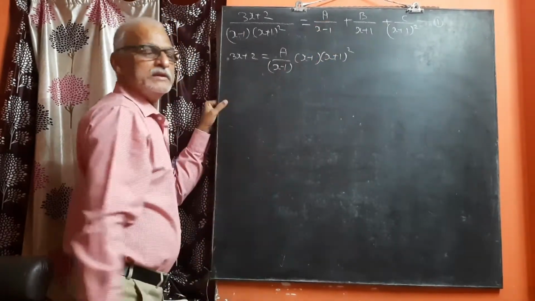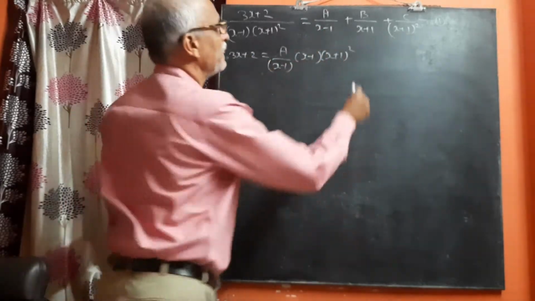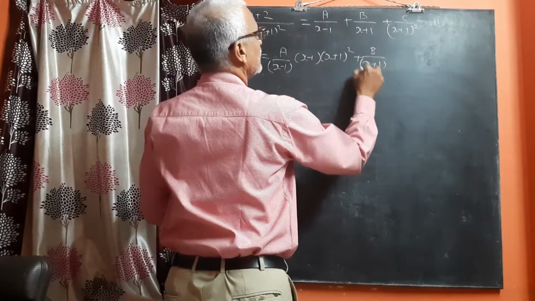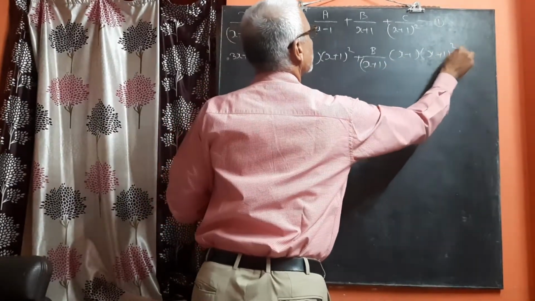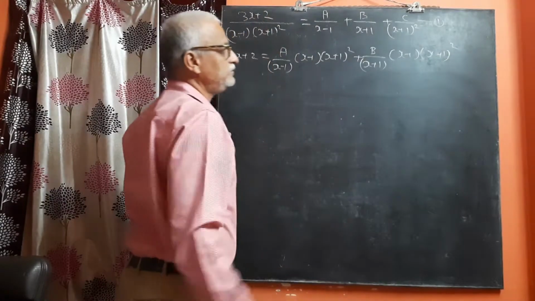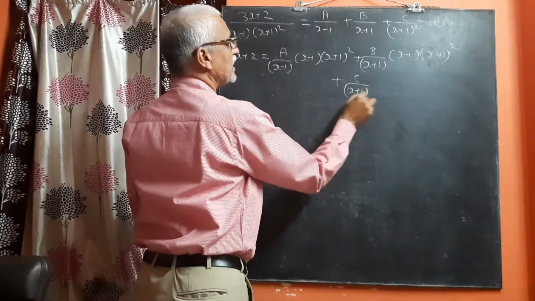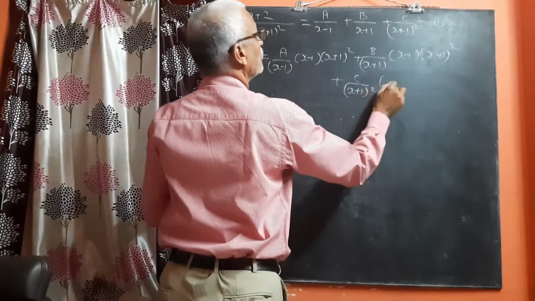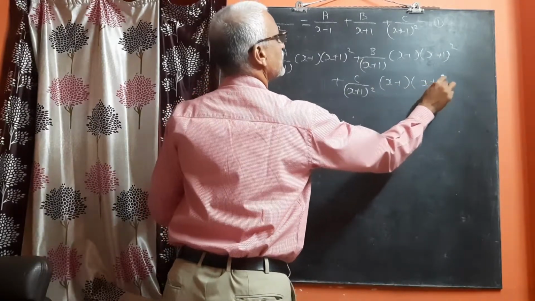So it is a upon x minus 1 into x minus 1 into x plus 1 the whole square plus b upon x plus 1 into x minus 1 into x plus 1 the whole square plus c upon x plus 1 the whole square into x minus 1 into x plus 1 the whole square.